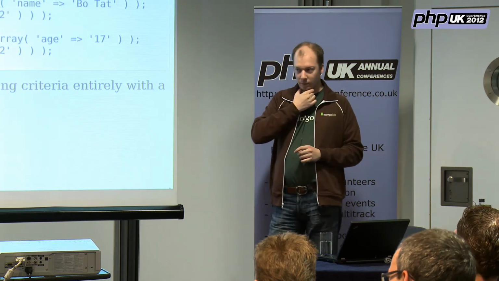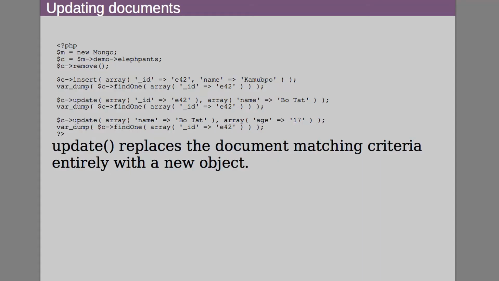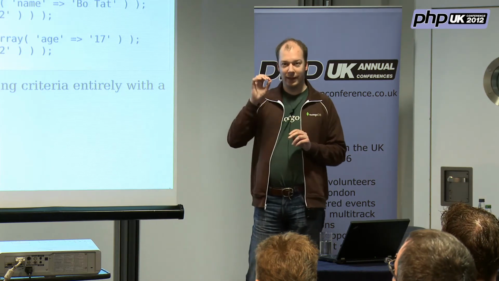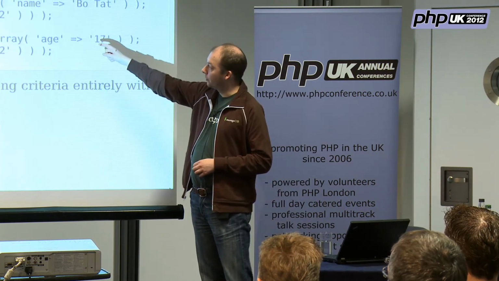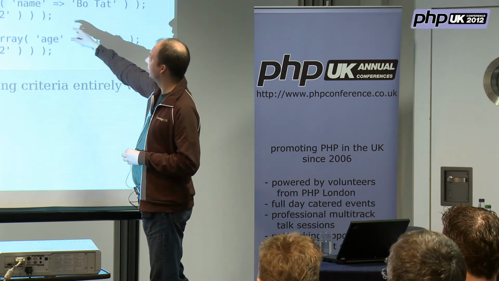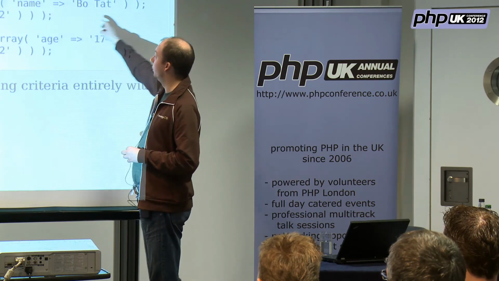All right, so we insert a document, and then we update based on a query. Update takes a query as the first argument, and then an update specification. If the update specification is just fields and values, that means it is going to be the new object that you're going to store. So if I update this, you get a document with the ID E42 and the name is different.